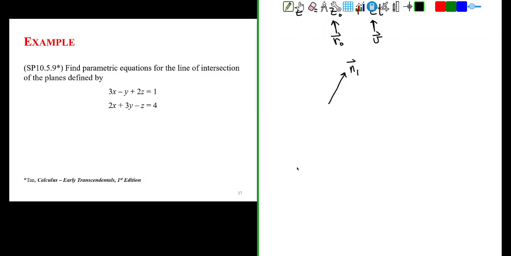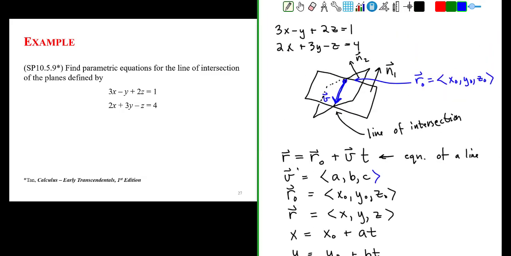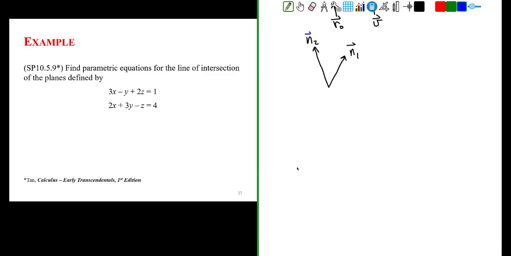We had another normal vector n2 roughly going off in this direction, and we have the line of intersection given by the intersection of those two planes roughly going off in that direction. And here's the thing. These normal vectors are each perpendicular to that line.